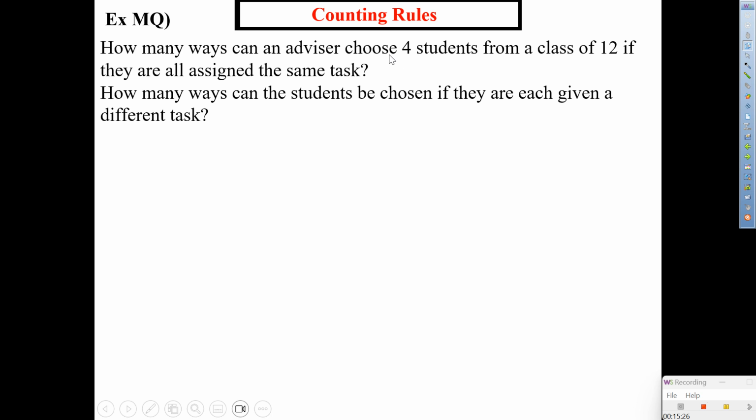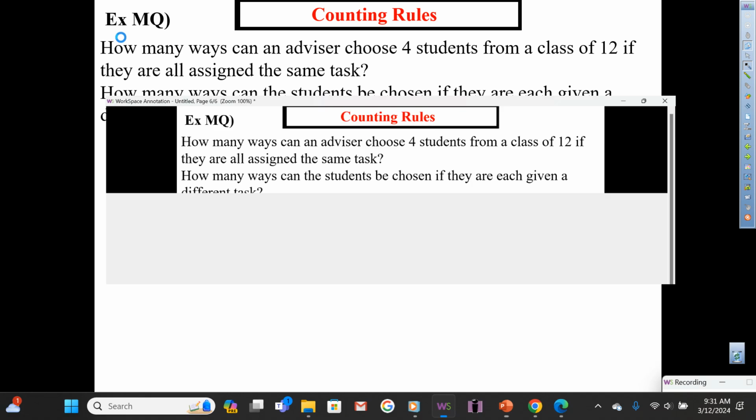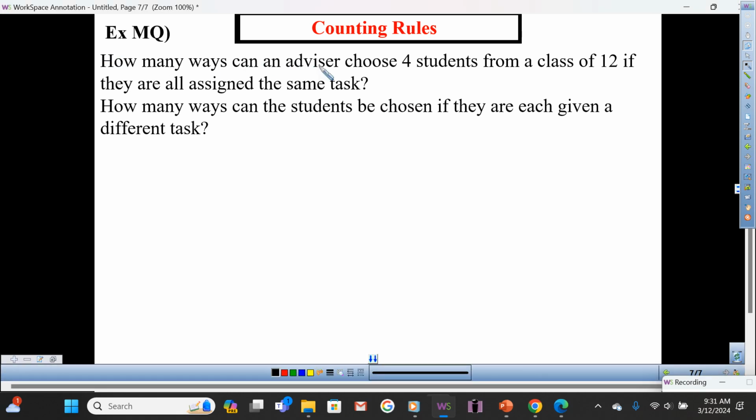Next one, how many ways can an advisor choose 4 students from a class of 12 if they are all assigned the same task? First question, before you move on. So if they are all assigned the same task, does the order matter? So tell your neighbor which formula you're going to use for question number 1.